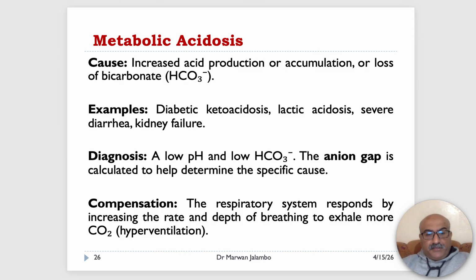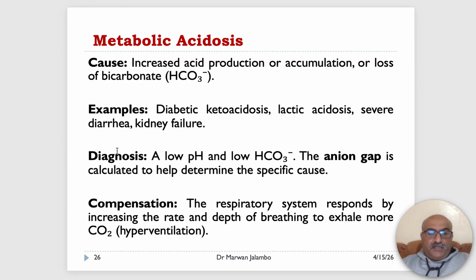Metabolic acidosis occurs when there is either an accumulation of acids in the body or an excessive loss of bicarbonate. The classic examples include diabetic ketoacidosis, where keto acids build up, or severe diarrhea, which causes a large loss of bicarbonate rich fluid.